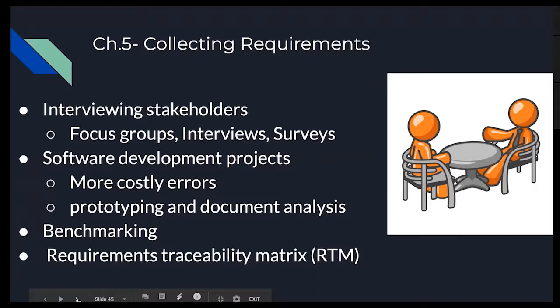With software development projects, the errors are even more costly because they're very expensive. The way you try to stay away from errors is by doing things like prototyping and benchmarking, which is using elements from a previous project and applying them to the current project. Next slide, please.